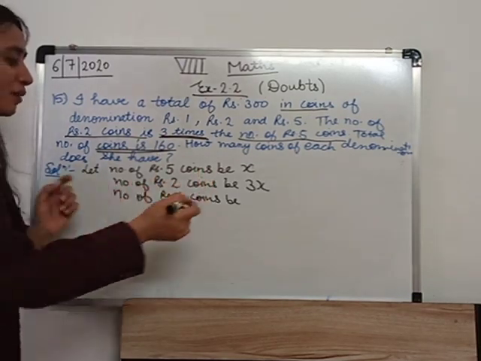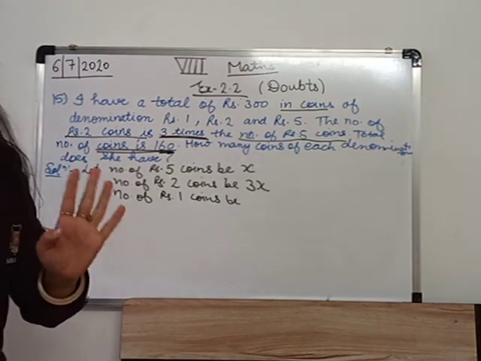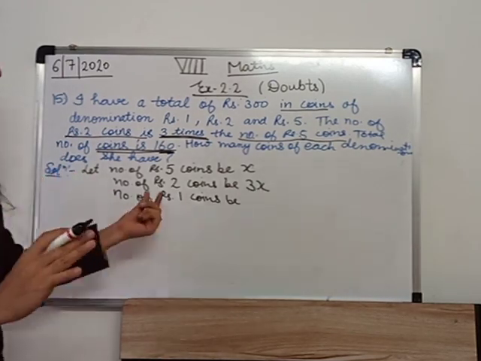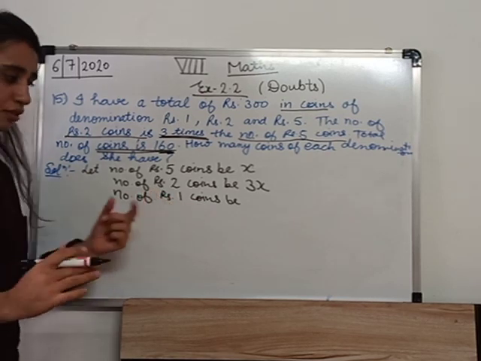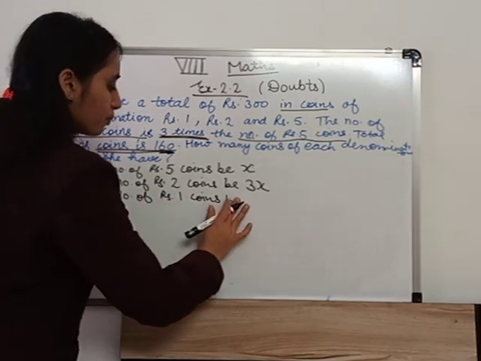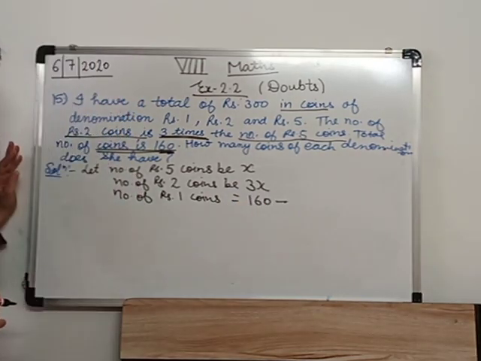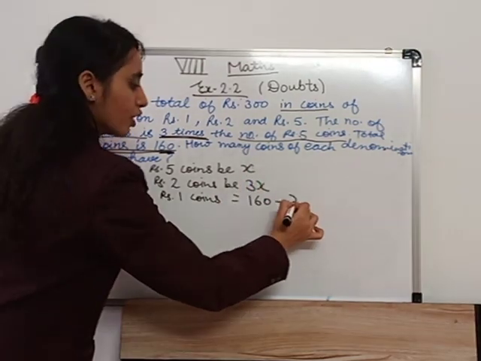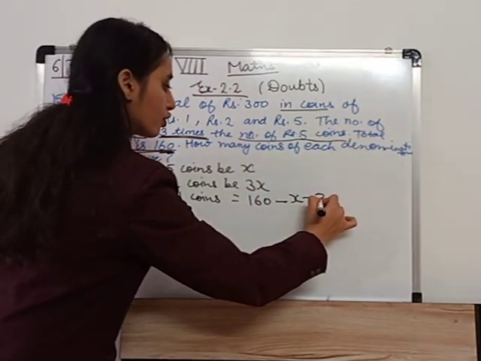Means when we subtract these two from the total, then we can find the remaining coins, that is equal to the number of rupees 1 coins. Understood? Means now rupees 1 coins is equal to 160 minus the number of 5 rupee coins minus the number of 2 rupee coins.